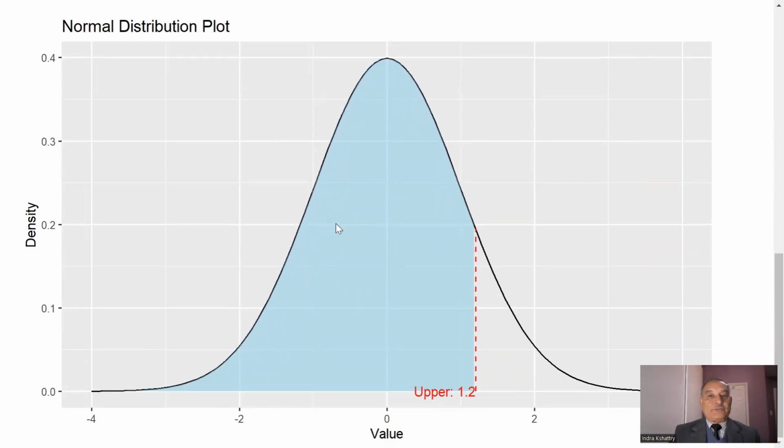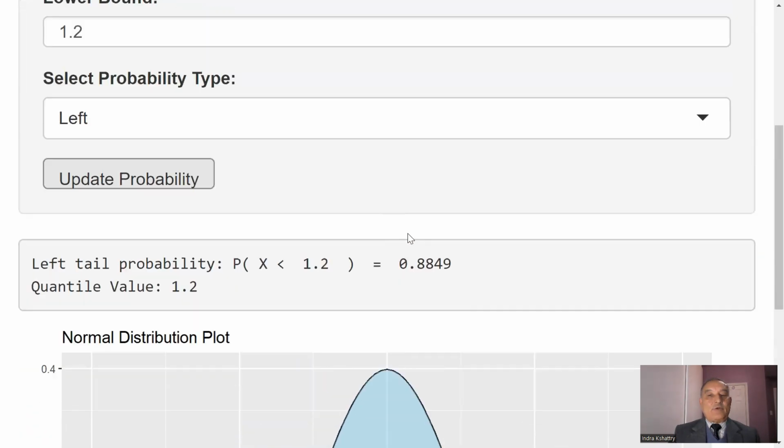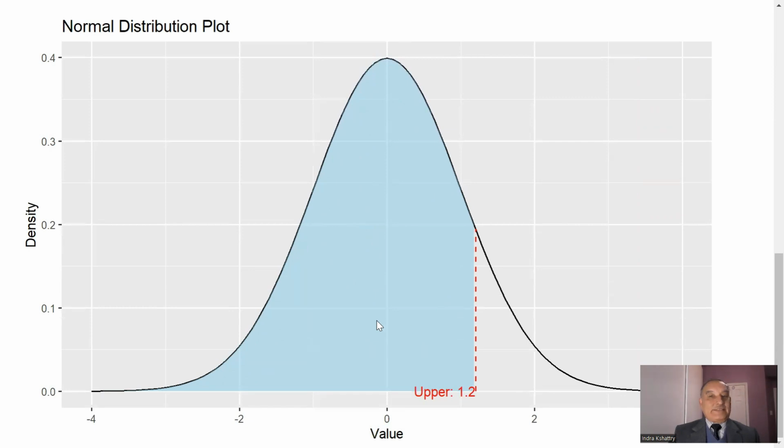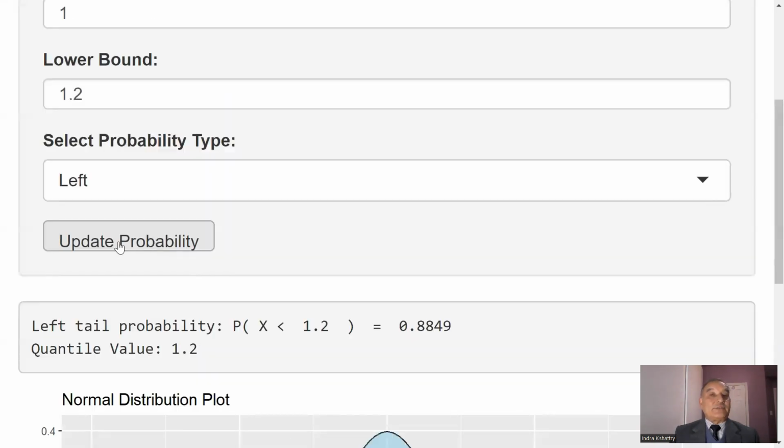The shaded portion, that is the area corresponding to this probability, has also changed. Keep changing this value and keep clicking this update probability button to enjoy playing this game.